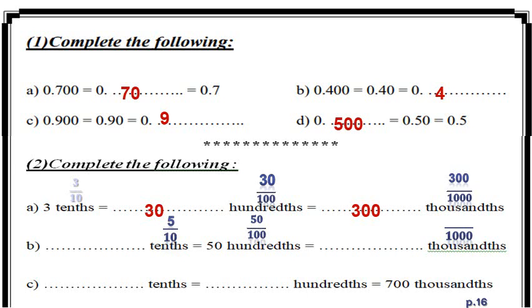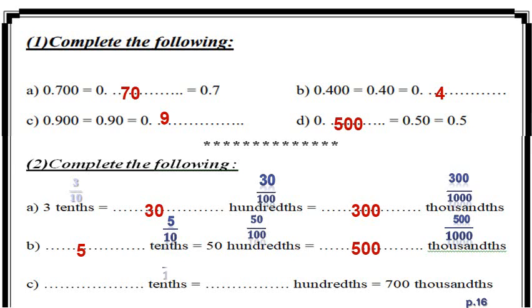So here up will be 5. So 5 over 10 will be 5 tenths. And the 100 to be 1000, we will add one 0 down. So also we are going to add one 0 up. It will be 500. So the answer will be 500. So 5 tenths equals 50 hundredths equals 500 thousandths.